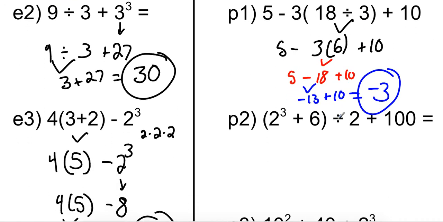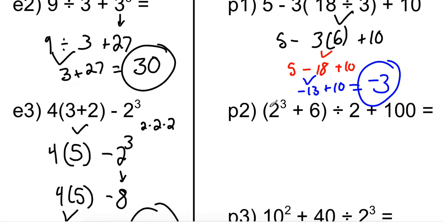In our next example, I have an exponent inside of my group. I also have addition inside of my group, so I want to make sure that I take care of the exponent first. So we just learned from a previous problem that 2 to the 3rd power is the same thing as 2 times 2 times 2.